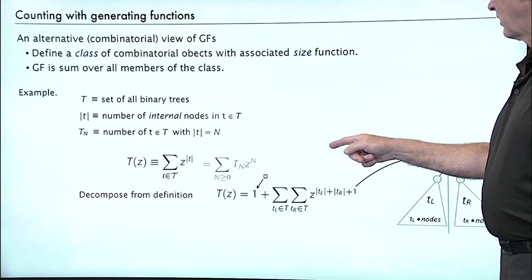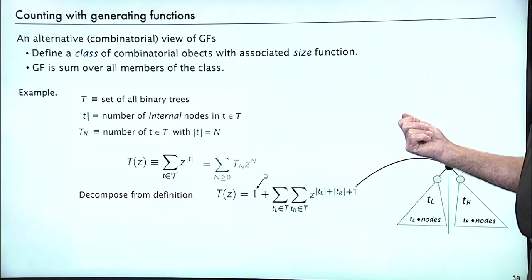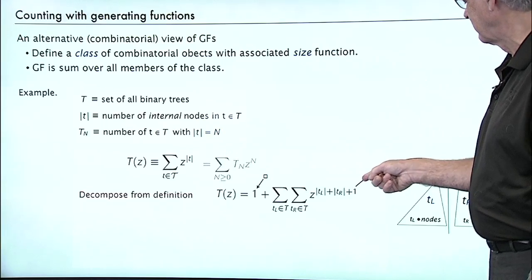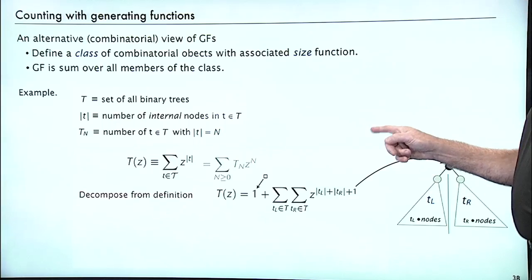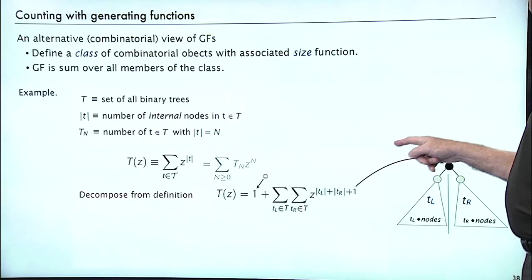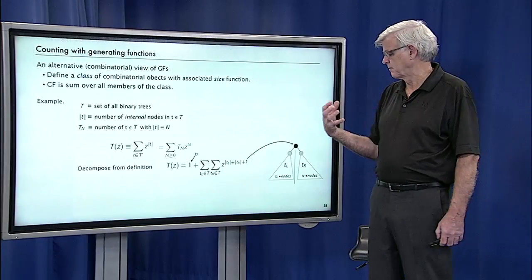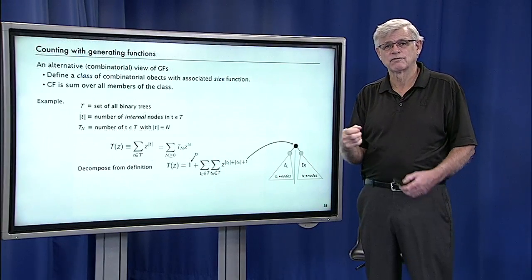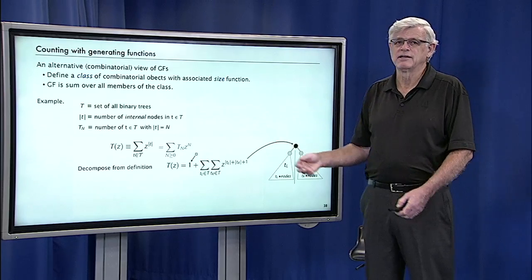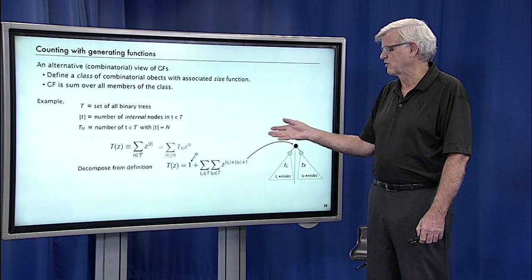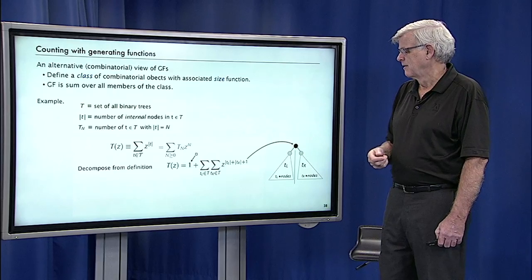It starts out with a 1, that's for the empty tree that doesn't decompose. So the double sum is for non-empty trees. That's a first key step to understand: the recursive decomposition, the way that we define binary trees, immediately translates to an equation on the generating function.